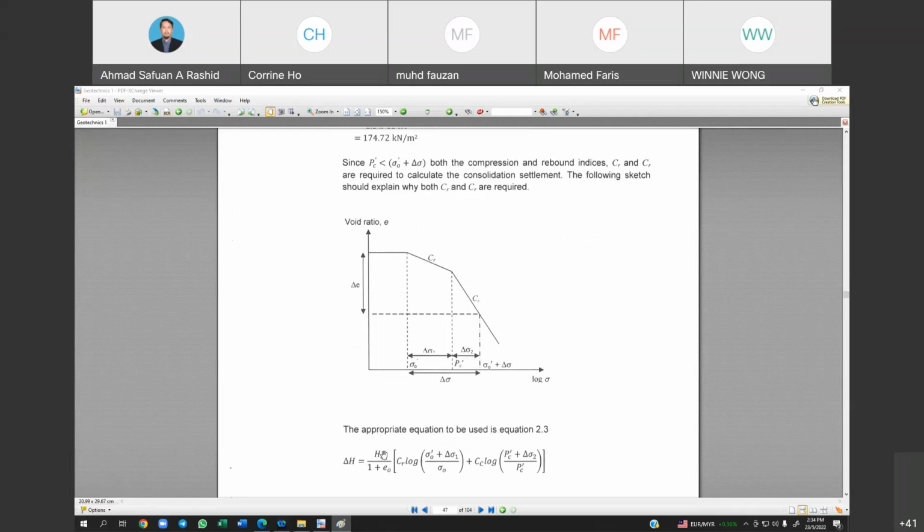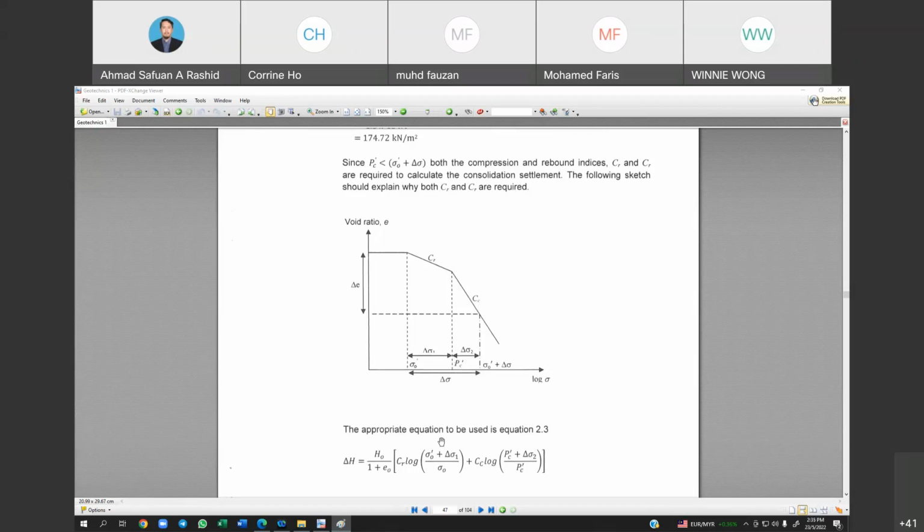Yang ni kekal macam biasa. So they have CR log sigma naught plus delta sigma. So sigma naught here plus delta sigma, actually the value is equal to PC kan. Maknanya daripada sini ke sini bersamaan dengan PC.